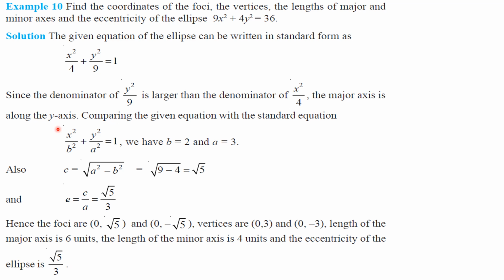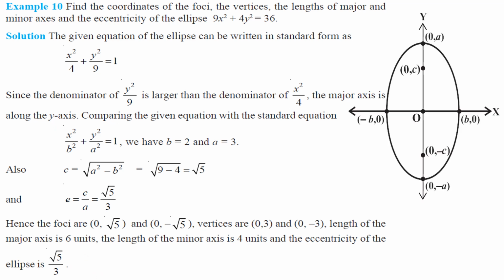I will give the pictorial representation of this ellipse. See, my children, this is the pictorial representation of this ellipse. The major axis of the ellipse is along the y-axis because the denominator of y square is larger than the denominator of x square.